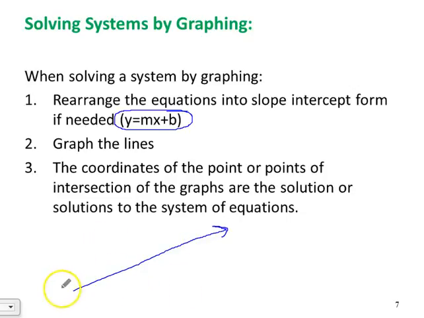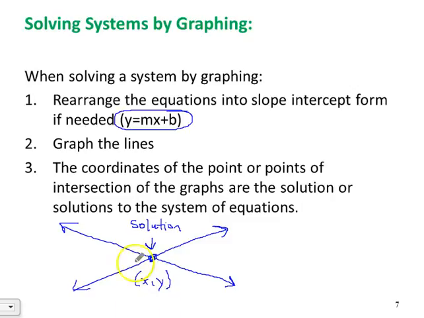So let's say I graphed this line and then I graphed this line. Where our lines intersect, that is our solution. So we graph our lines and we look for areas of intersection, and where those lines intersect, that coordinate will be our solution.